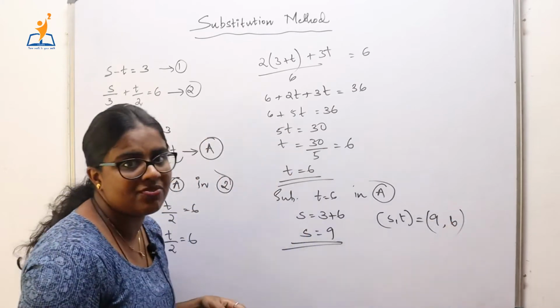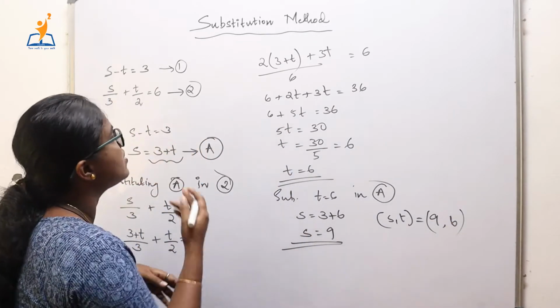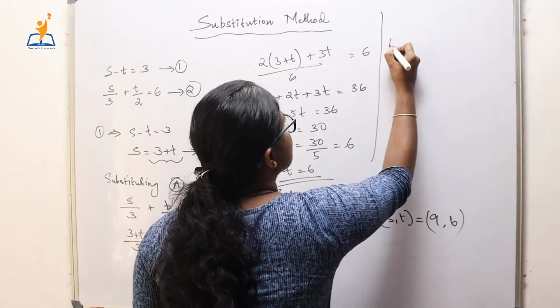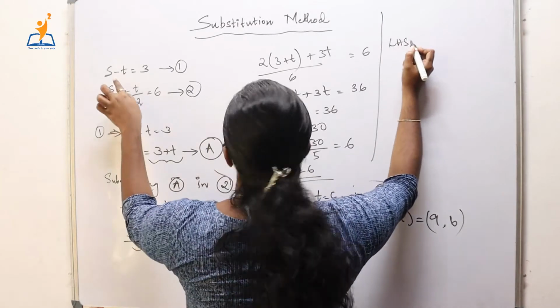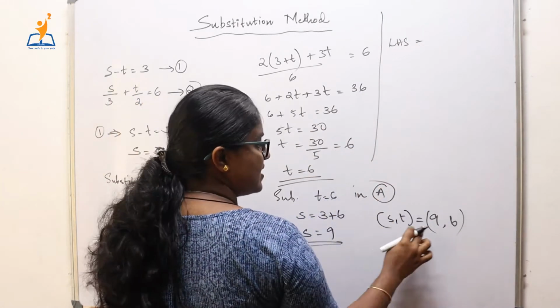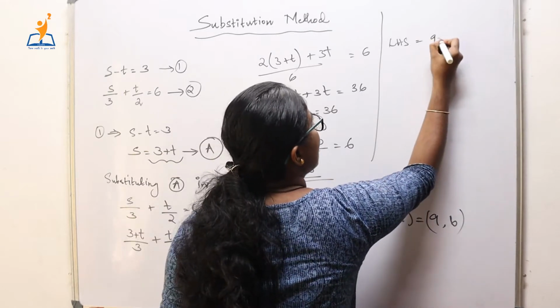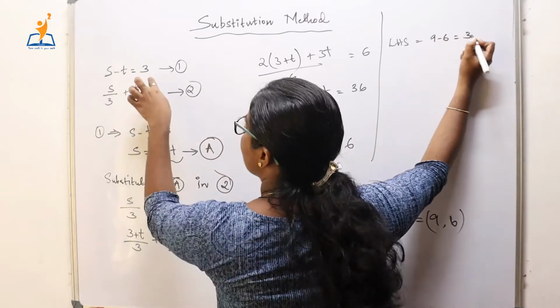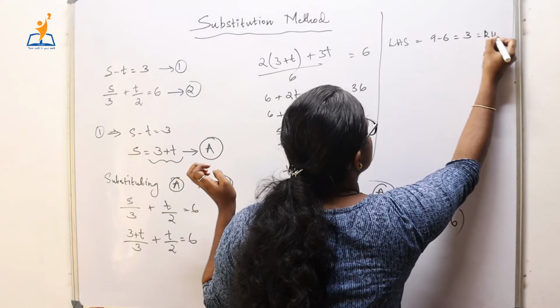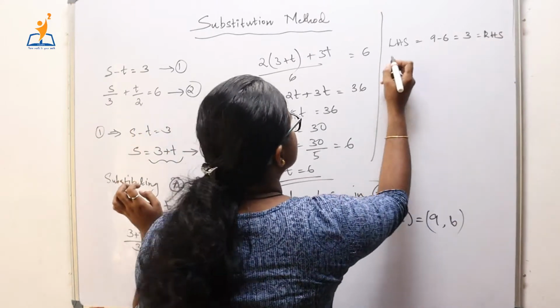Now let's verify whether this is a solution for this pair. Starting with the LHS of the first equation, s minus t, that is 9 minus 6. 9 minus 6 is 3, yes, which is our RHS here. Now let's move on to the next equation.